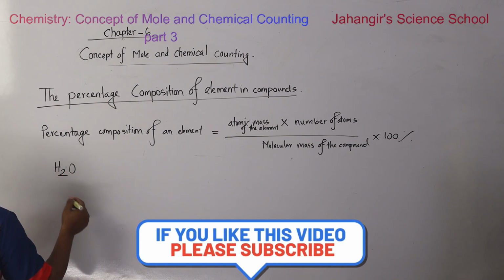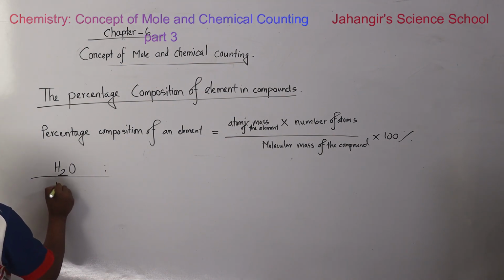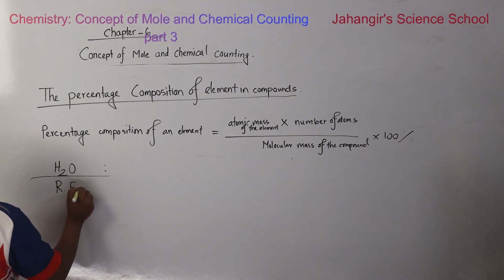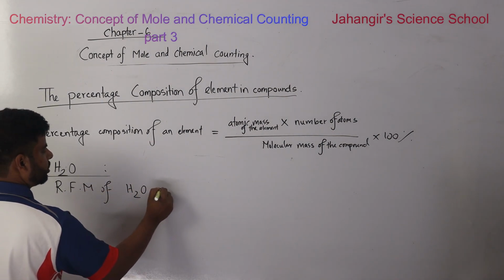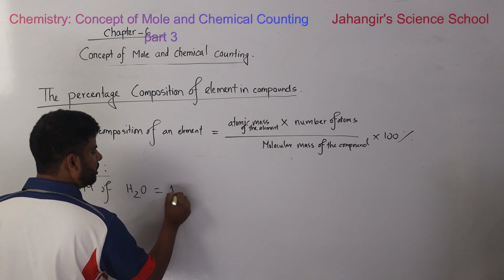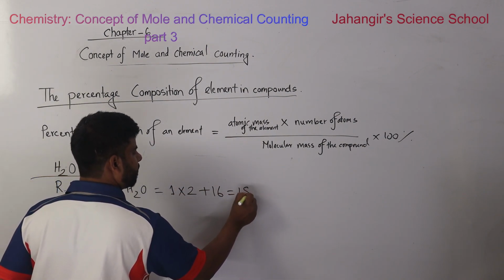Say water. The relative formula mass of water equals hydrogen 1, and there are 2, plus 16, so 18.